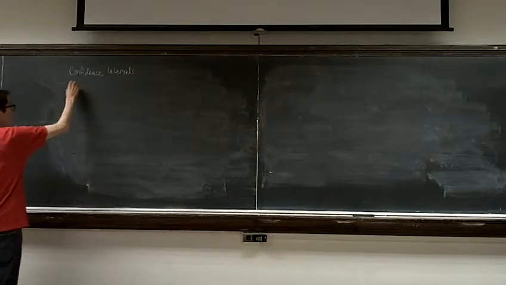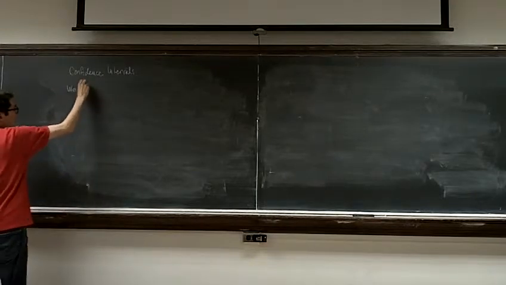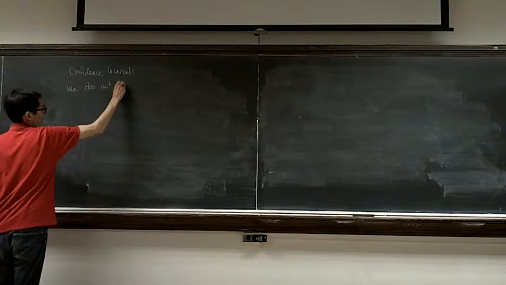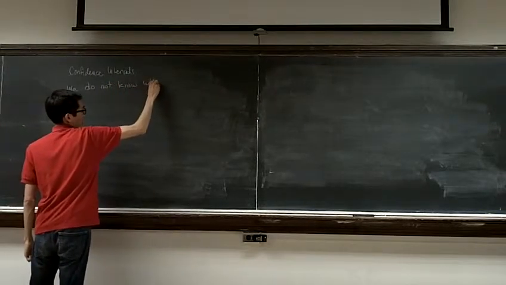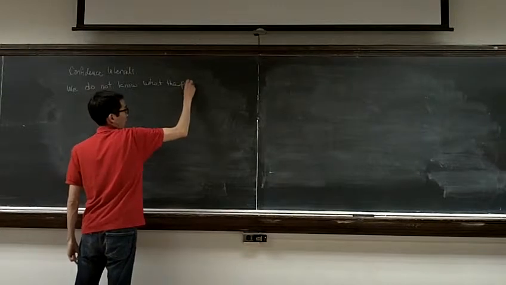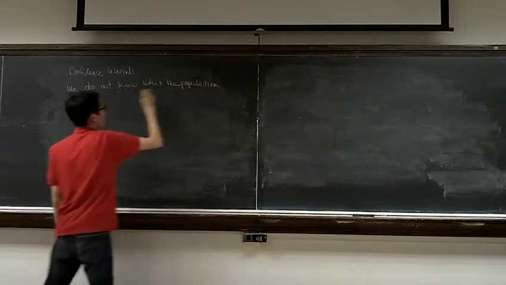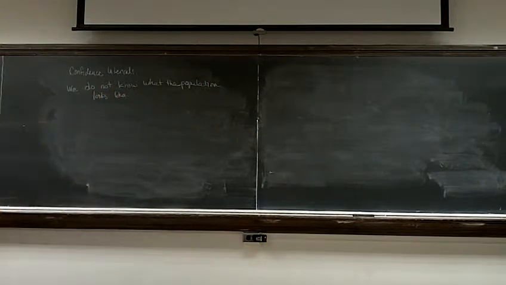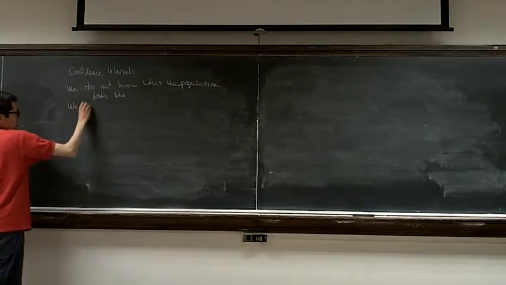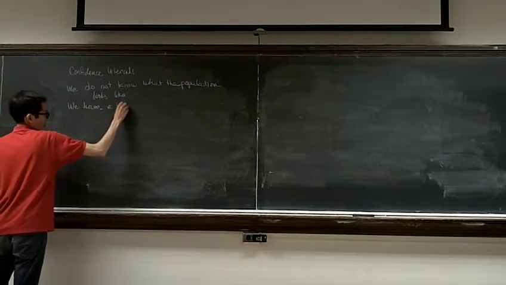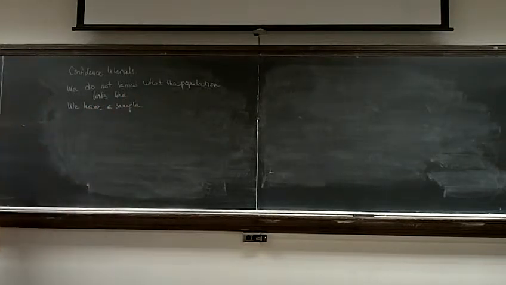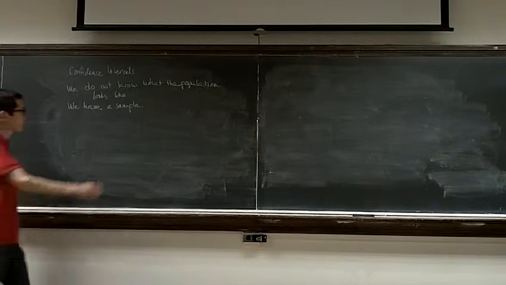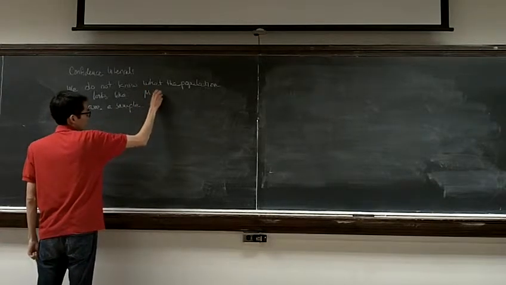So with a confidence interval, the idea is we do not know what the population looks like. But we have a sample. So we don't know what the population looks like, which means mu and sigma are unknown.